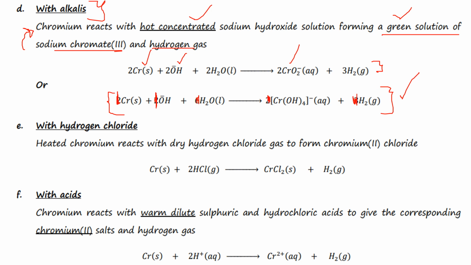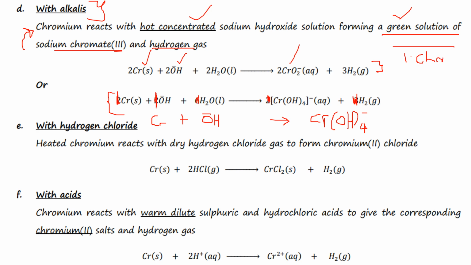So initially, we are going to talk about balancing equations that involve alkali step by step. Whenever you're reacting any element or a compound with an alkali, we look at the following criteria under balancing equations. So number 1 is to make sure that you balance the charges first.